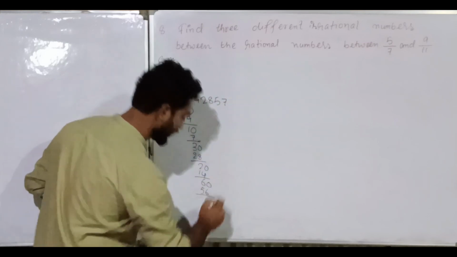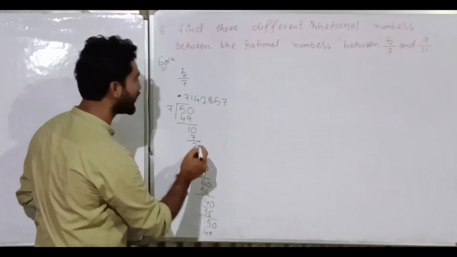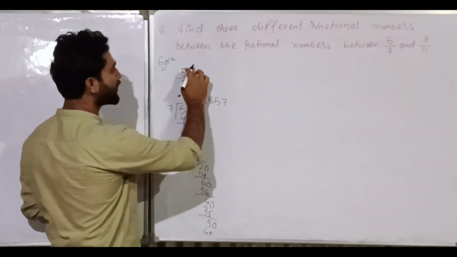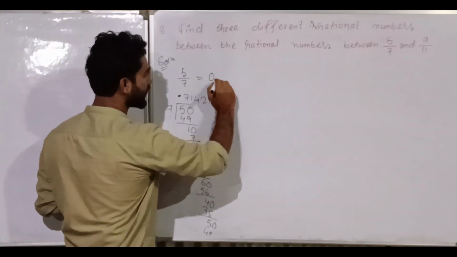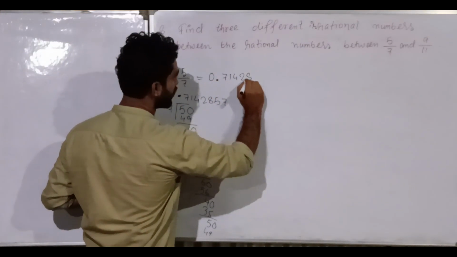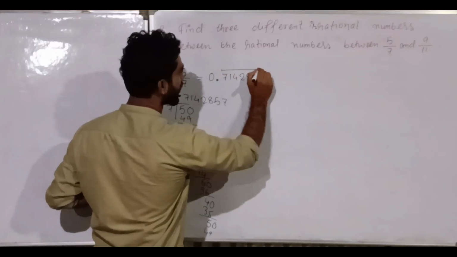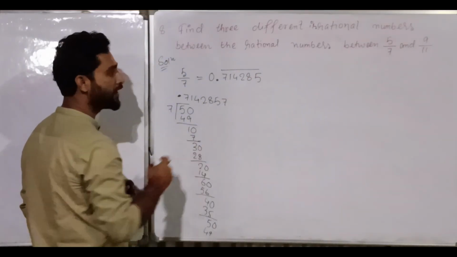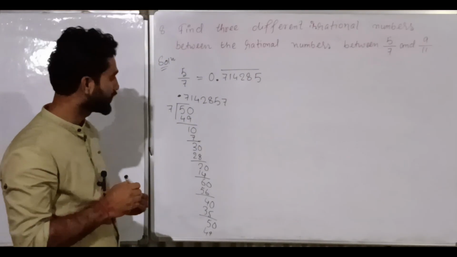Then 7 sevens are 49. So we will find that if we divide 5 by 7, we will get 0.714285. And after this 5, again there will be the repetition of the digits.